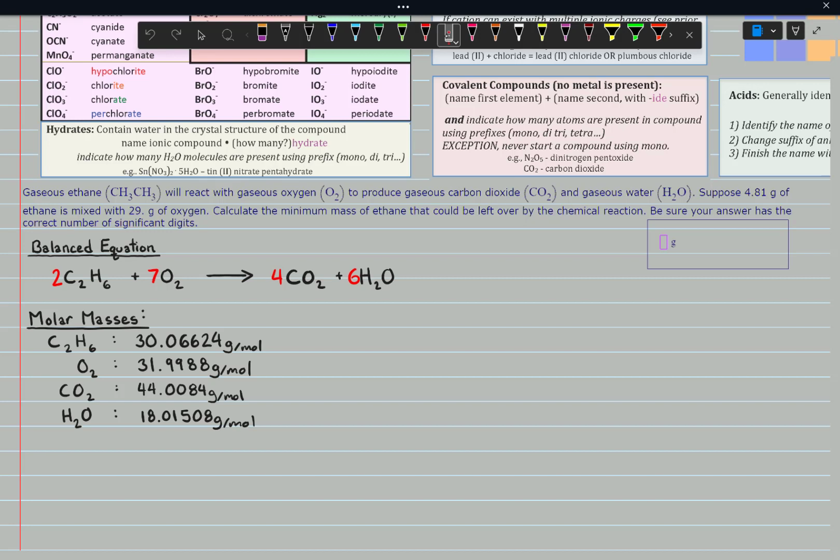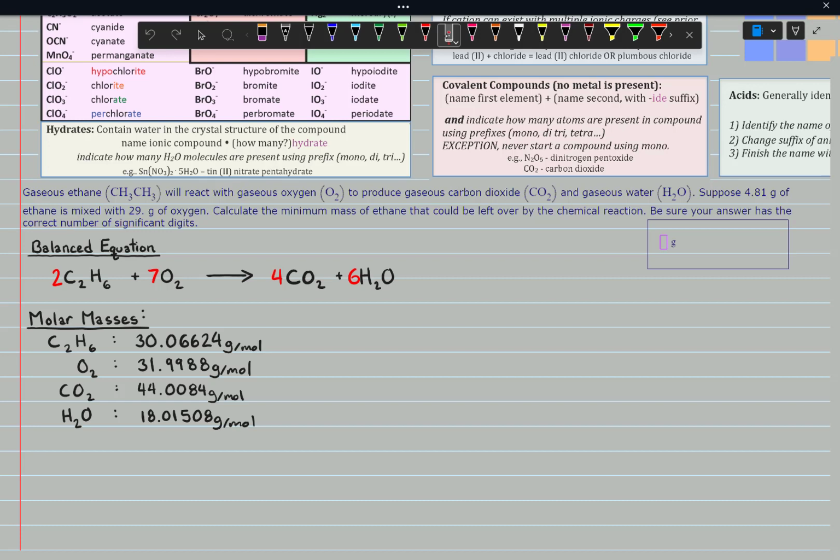So essentially, if ethane is the limiting reactant of this chemical reaction, then by definition there's going to be zero left over by the end, because that's what a limiting reactant is, right? It's the thing that runs out first in a chemical reaction.